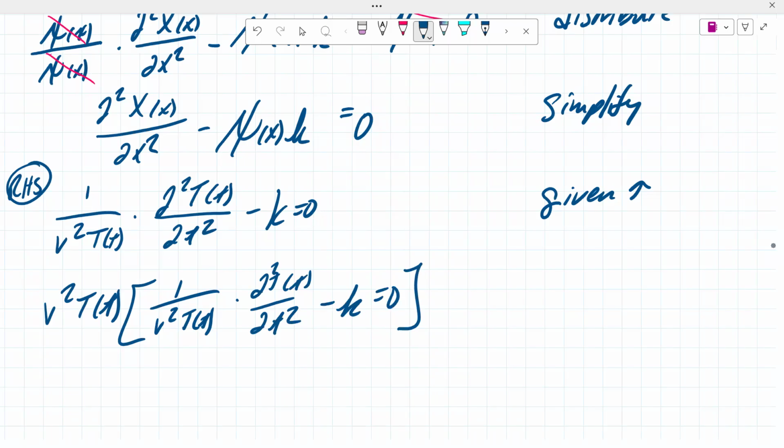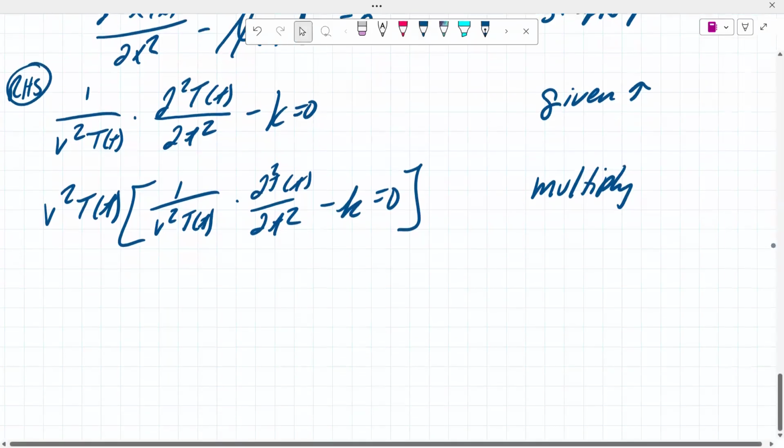So we're going to distribute, and this is multiplication. Next thing we do is we distribute this out.